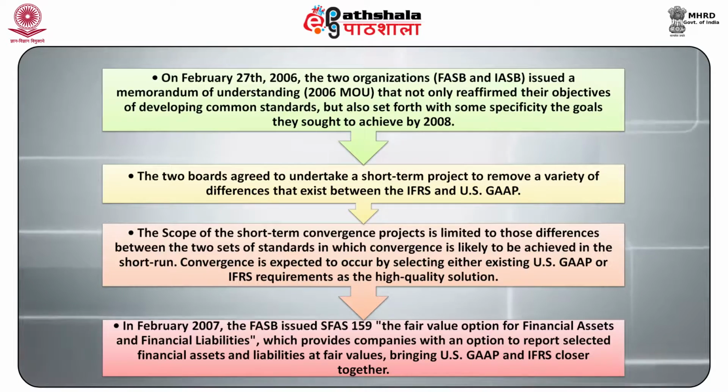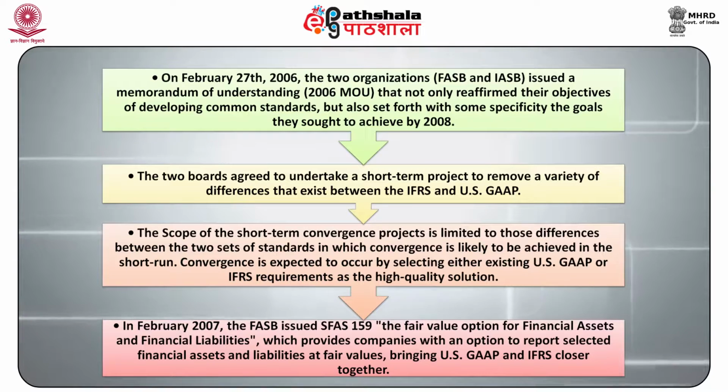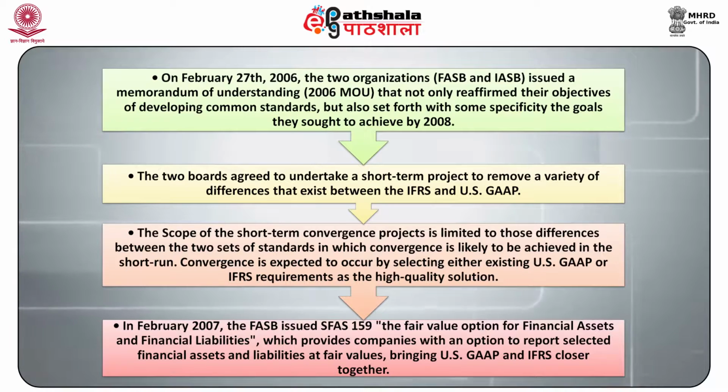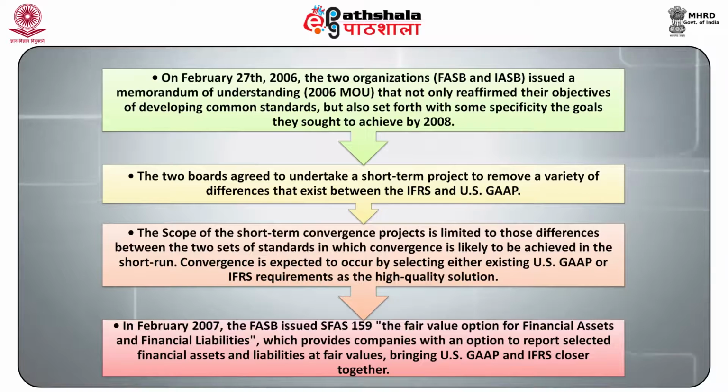On February 27, 2006, the two organizations, namely FASB and IASB, issued a Memorandum of Understanding, that is MOU 2006, that not only reaffirmed their objectives of developing common standards but also set forth with some specificity the goals they sought to achieve by 2008.